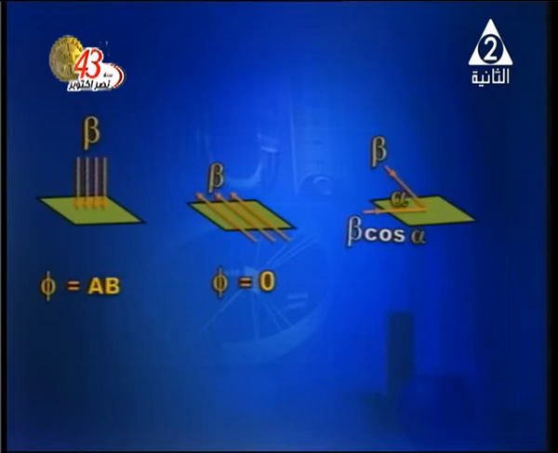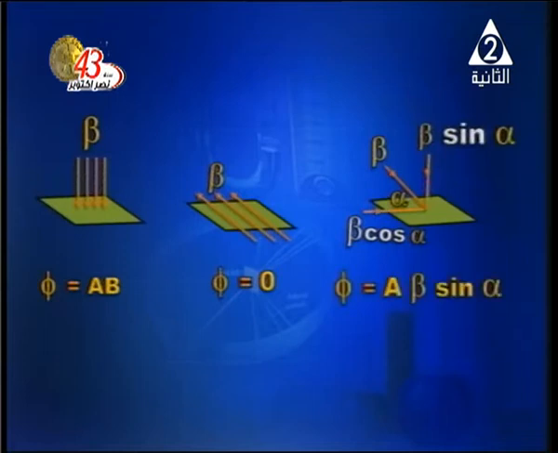In this case, we make a resolution. The component close to the plane is B cosine alpha, and the perpendicular one is B sine alpha, and we take the perpendicular one, so phi is equal to AB sine alpha. This is the general expression, which can be applied to the three cases.